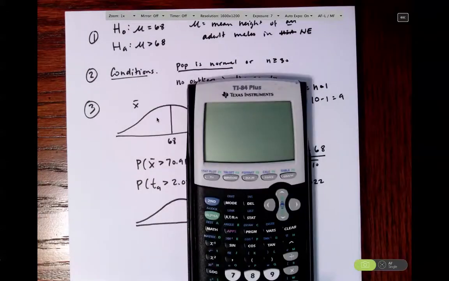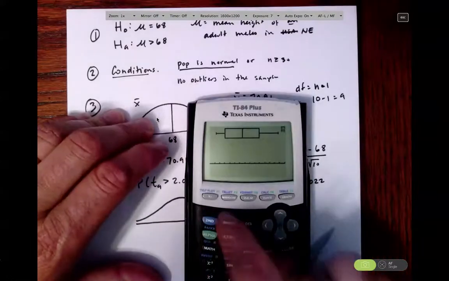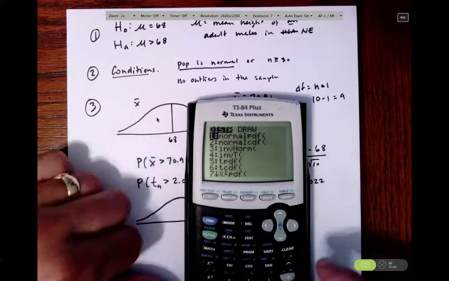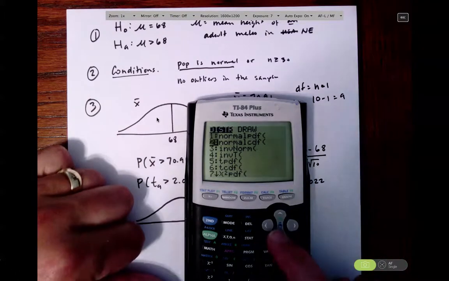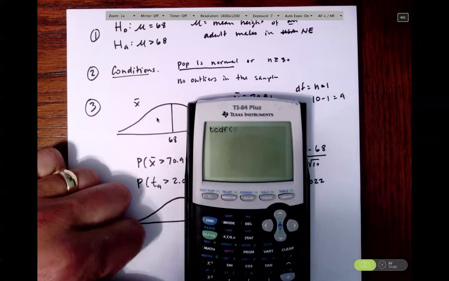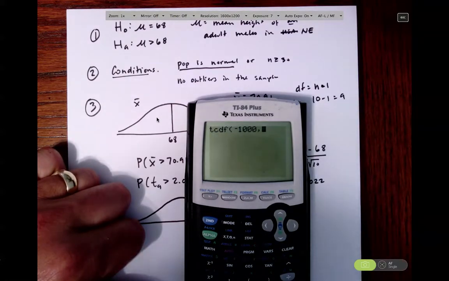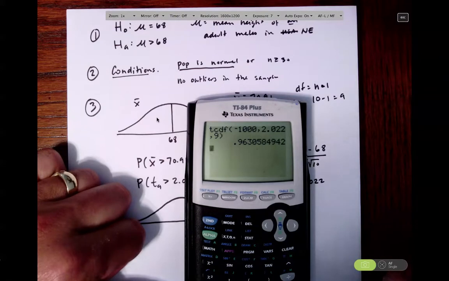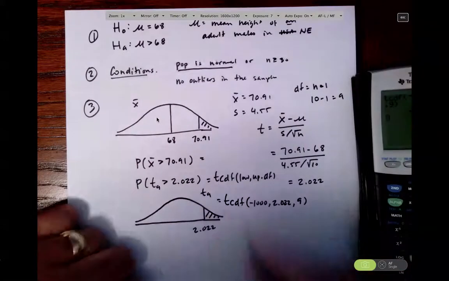On the calculator, this is under second vars. If you go down to tcdf, and we put in negative 1,000, and 2.022 and 9 degrees of freedom, it tells me, oops, I didn't do that right, sorry.